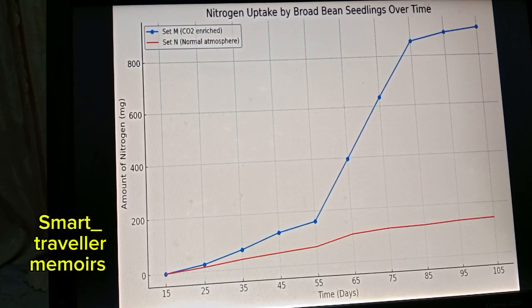So that is the computer-generated graph. You can see it's shaped like the other one, and you can see the key there. The blue one is set M, which is enriched with carbon dioxide, and set N is normal atmosphere.